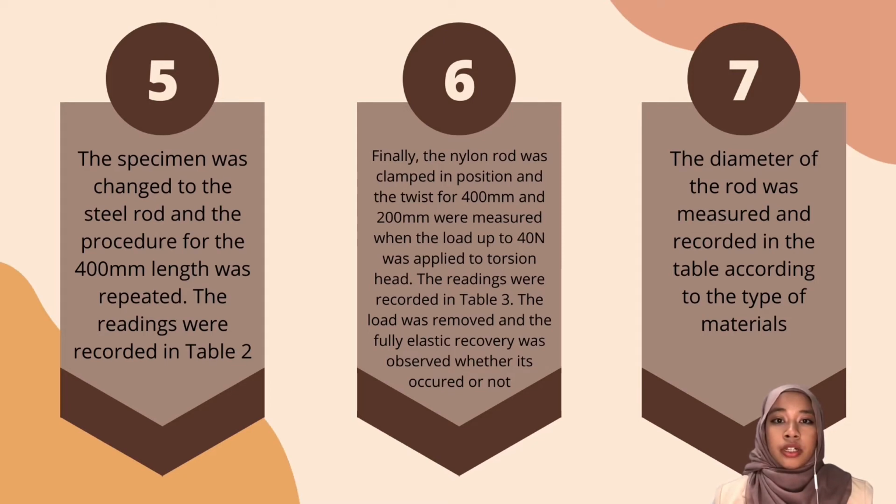The readings were recorded in Table 3. The load was removed and it was observed whether fully elastic recovery occurred or not. Lastly, the diameter of the rod was measured and recorded in the table according to the type of materials.